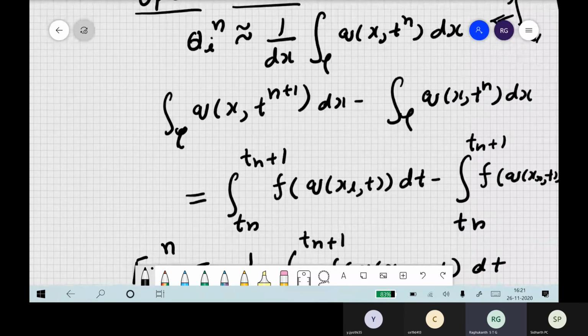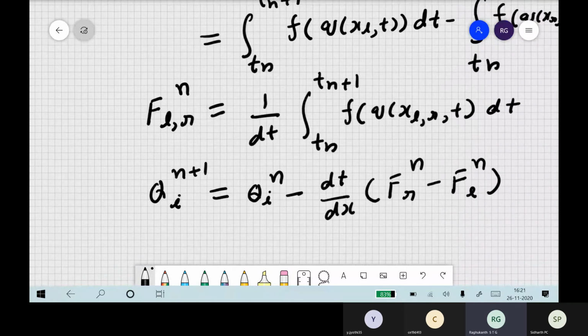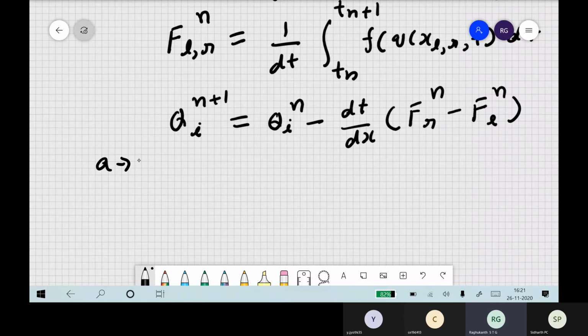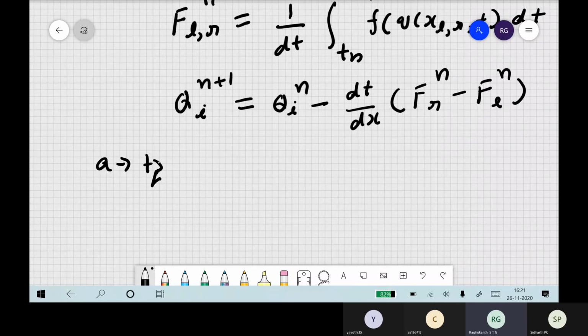Now if it is an upwind scheme, we do this if it is having a constant velocity. If a is a transport velocity, for example if you are solving a P wave equation, my transport velocity will be the same as the P wave velocity.